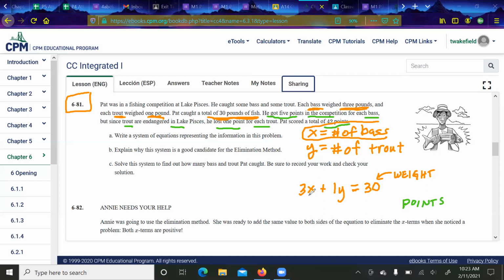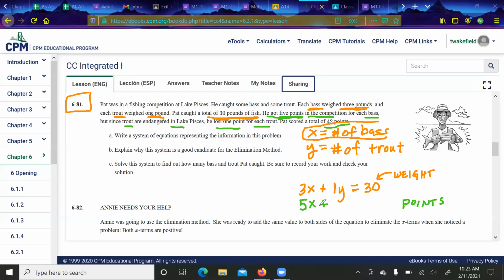Okay, so how many points does he get for each bass? Don't be afraid to unmute yourself. He gets 5 points. All right, he gets 5 points, right?